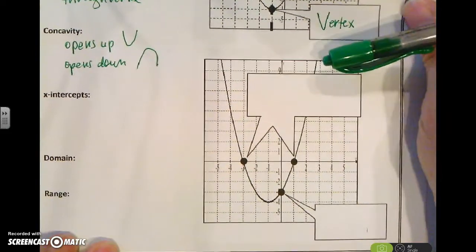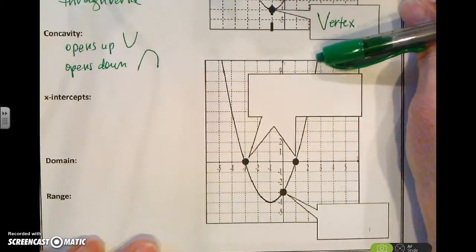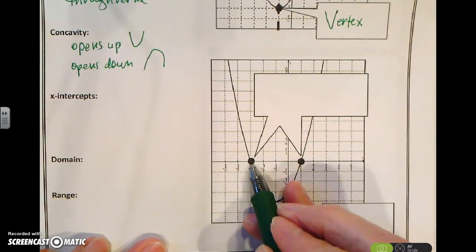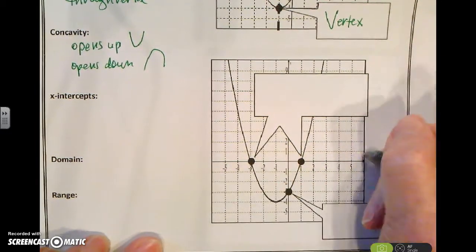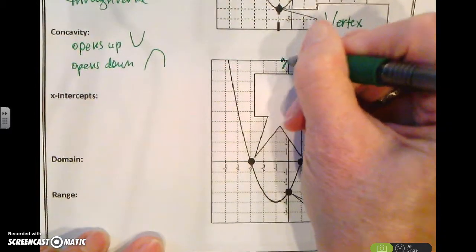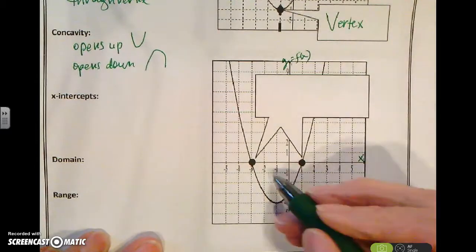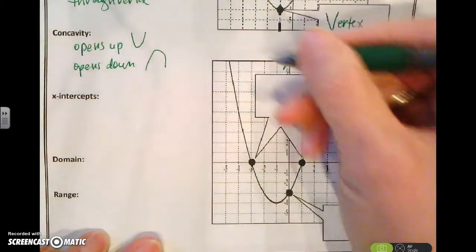Some other attributes of parabolas: they will often have x-intercepts. So the x-intercepts, here's your x-axis right here. This would have an x. This would have a y or f of x on there. These are our x-intercepts.